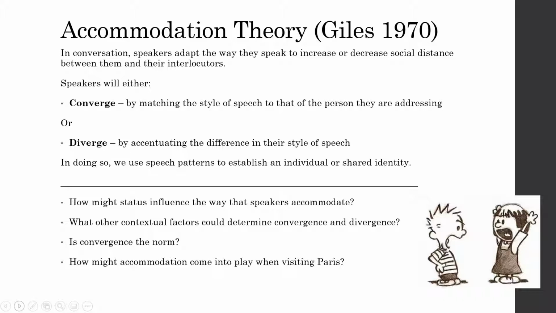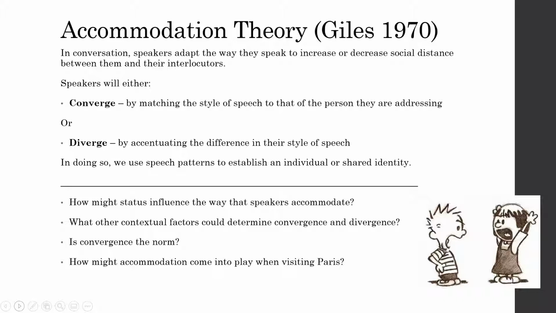In these cases, we diverge. We perhaps deliberately use language in a different way from the person we're speaking to. Needn't necessarily be unfriendly, but it's certainly a way of increasing social distance because you're heightening the contrast between your identity and the identity of the person you're speaking to.